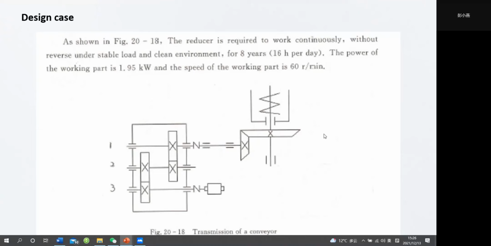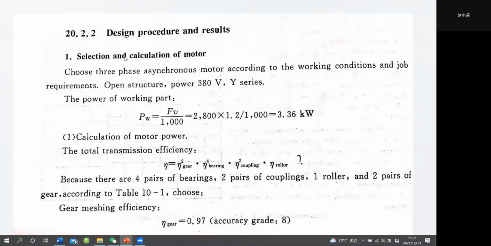Okay. So first we choose the type of the motor, and we know the power of the working part and the speed of the working part. First, selection and calculation of motor.